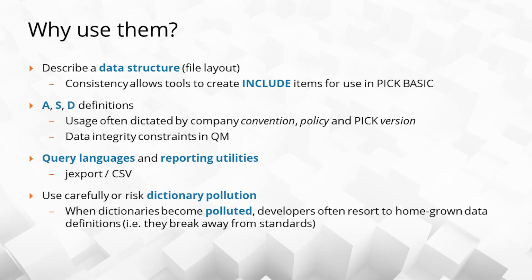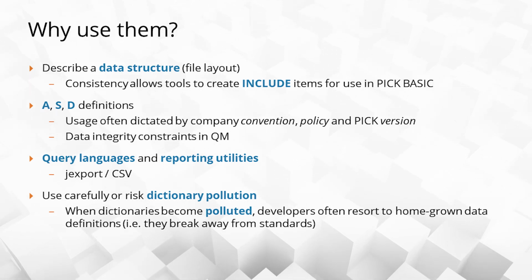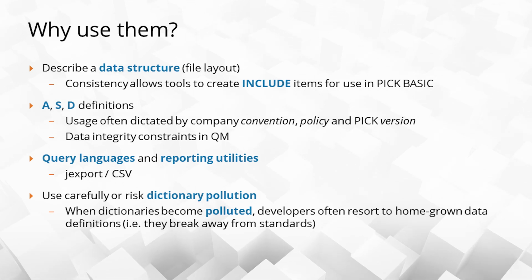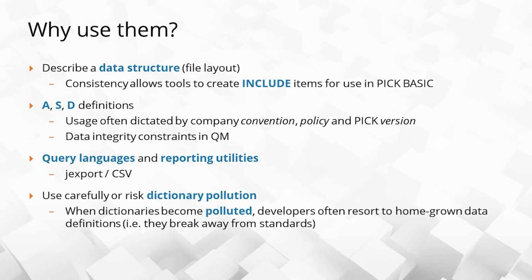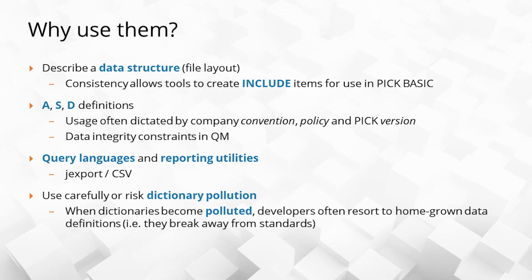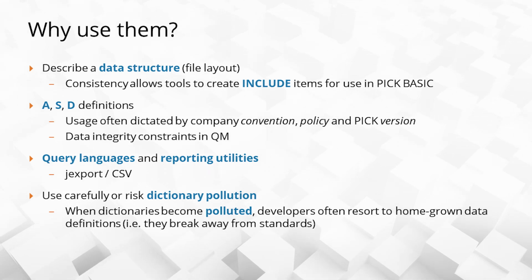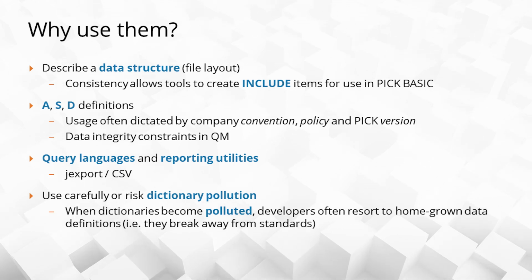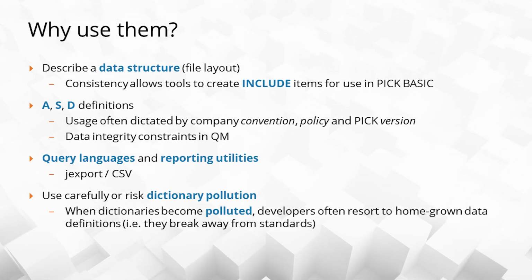One of the important uses of file dictionaries is in the query language. They're used for specifying the fields that you want to select and also for fields that you might want to output. And it's not just for queries, but also for creating reports, and they're useful for exporting data.